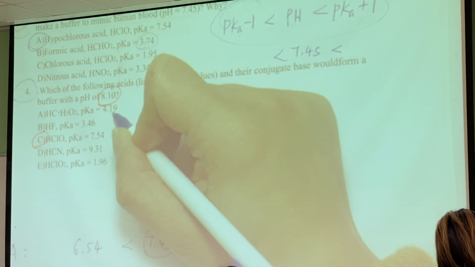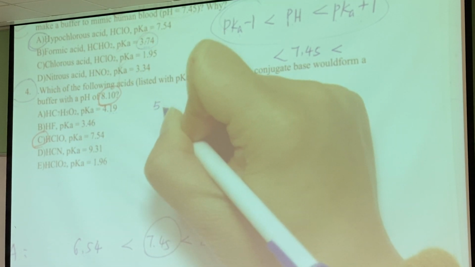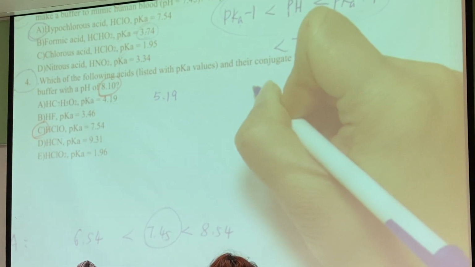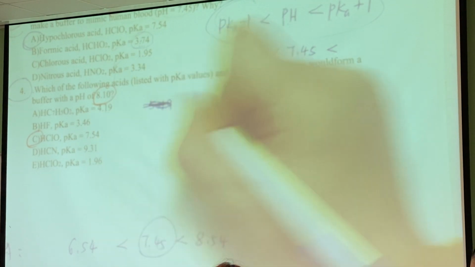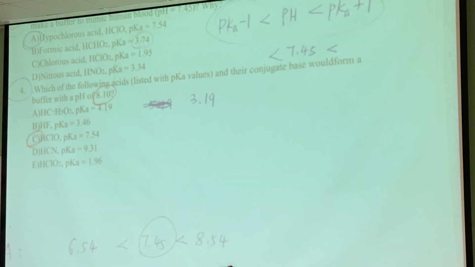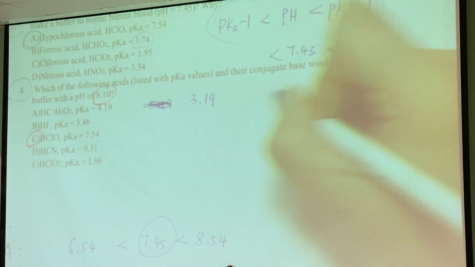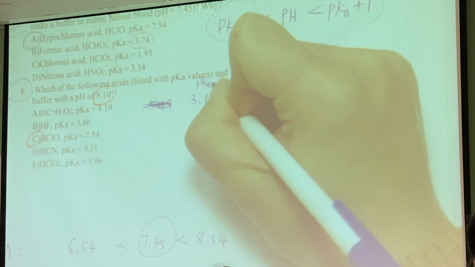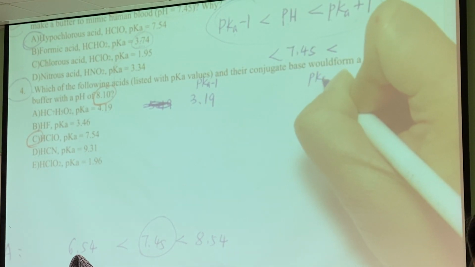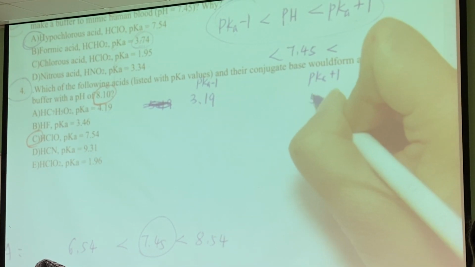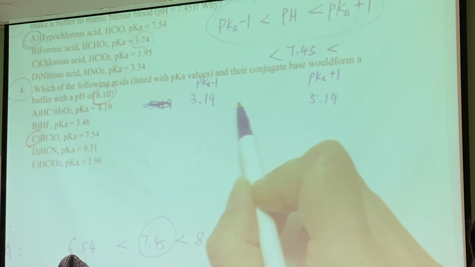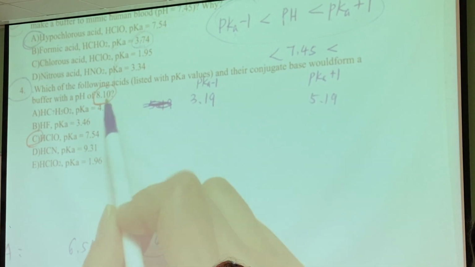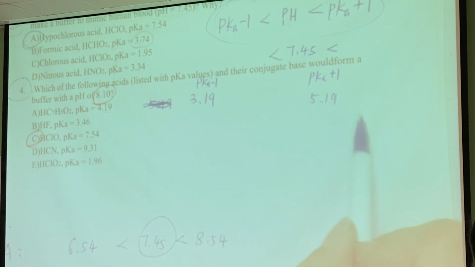A: pKa minus 1 is 3.19, and pKa plus 1 is 5.19. What I need is 8.1, which is not in between these two. My 8.1 is larger than both, right? So it doesn't meet my requirement.